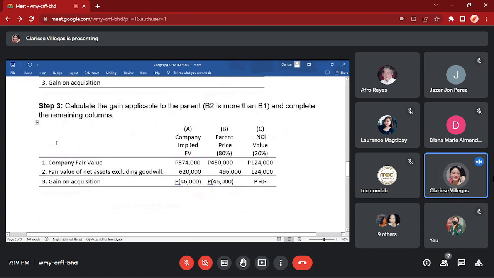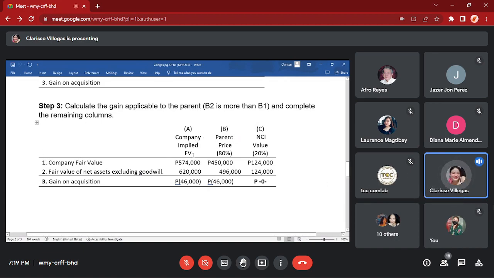Calculate the gain applicable to the parent. B2 is more than B1, and complete the remaining columns. Ibig sabihin, yung parent price 80%, fair value of net assets excluding goodwill is mas mataas kaysa kay company fair value ng parent price.